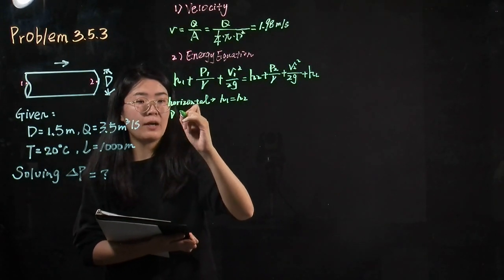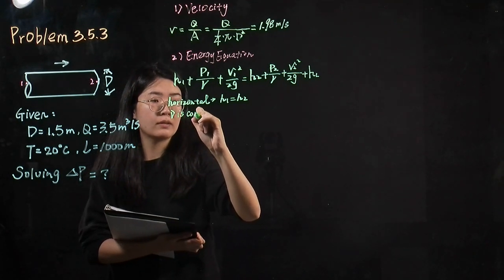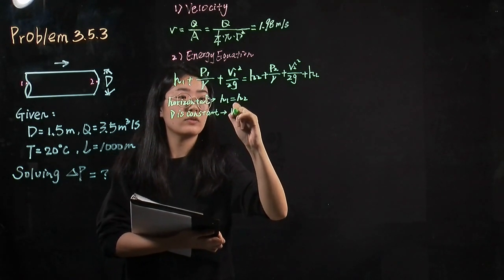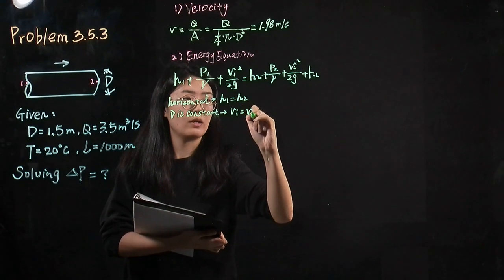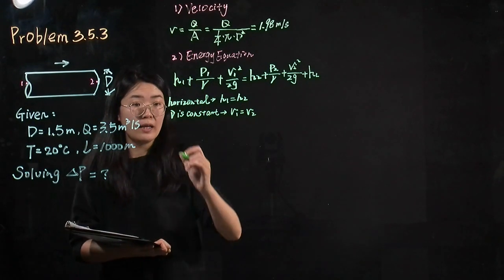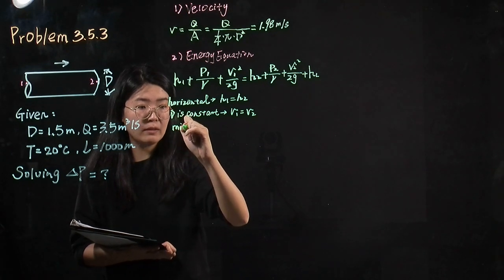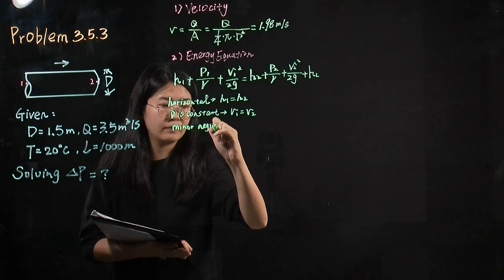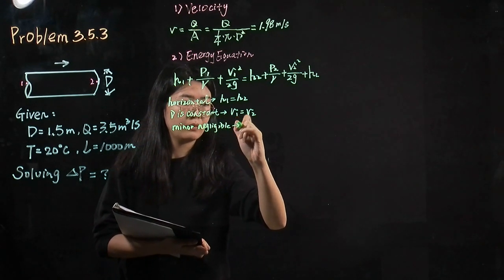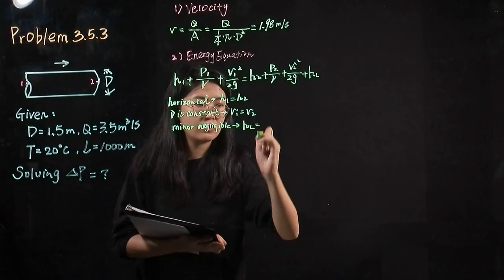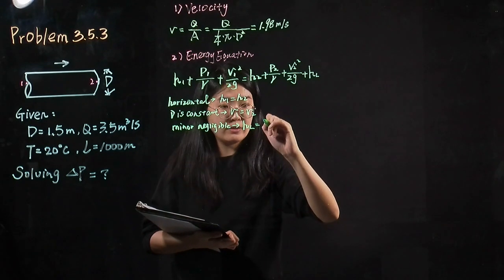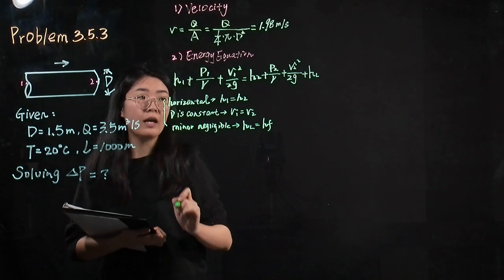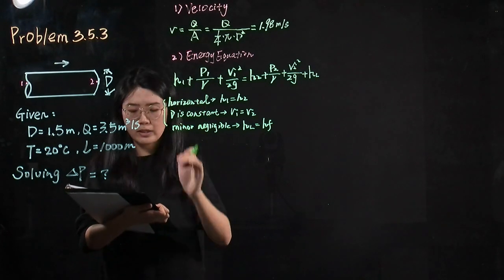The diameter of the pipeline is constant along the line, so the velocity at these 2 points should also be the same. And it said that the minor loss is negligible, so the head loss is equal to the friction loss. Then we can bring these 3 equations into the energy equation.